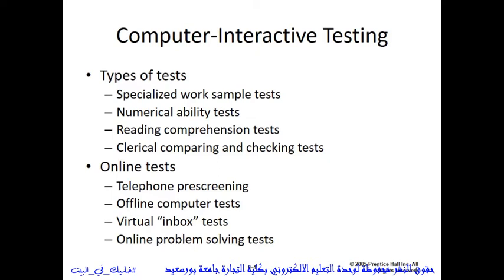Sometimes HR managers conduct telephone pre-screening before testing. Before formal testing, they may telephone the applicants and ask them some questions. If the applicants' answers are reasonable, then HR managers may contact them again in order to be tested.